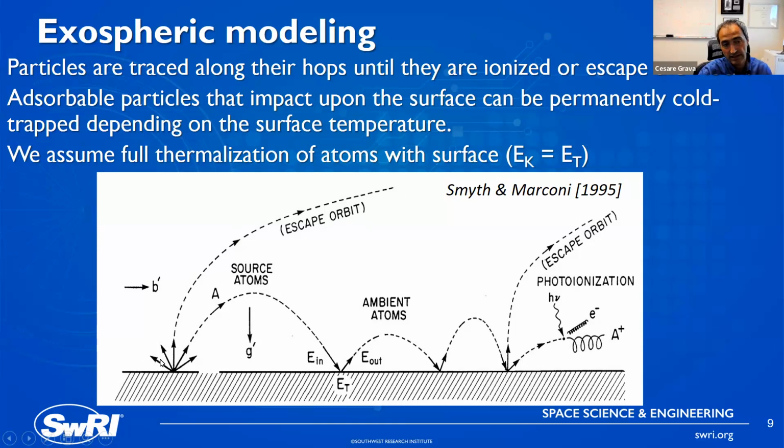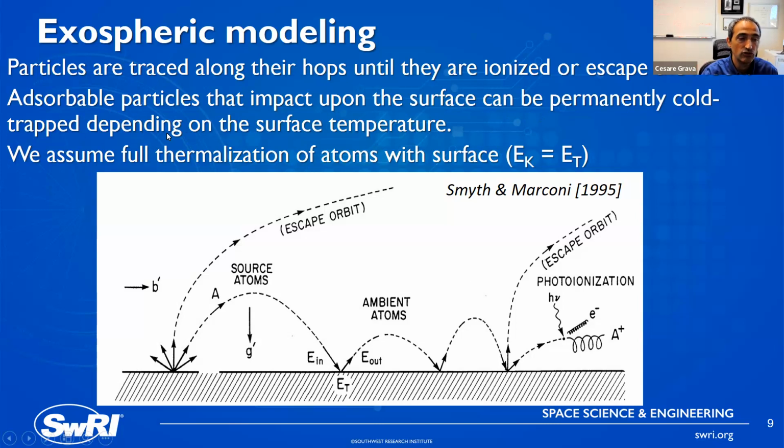And so the length of the hops is proportional to the surface temperature. So the warmer the temperature, the bigger the hops. And so that's why warmer surfaces tend to have a lower density in the exosphere. Yeah, so particles can be trapped through the cold traps.